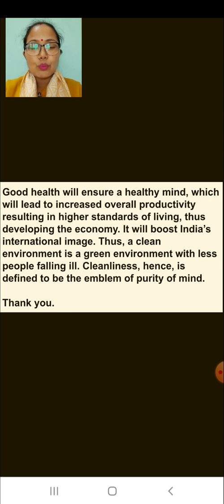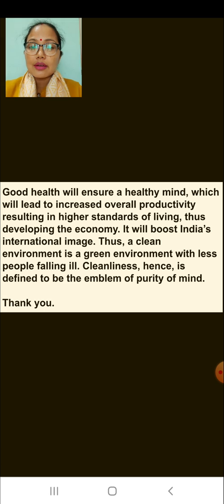Good health will ensure a healthy mind, which will lead to increased overall productivity, resulting in higher standards of living, thus developing the economy. It will boost India's international image.